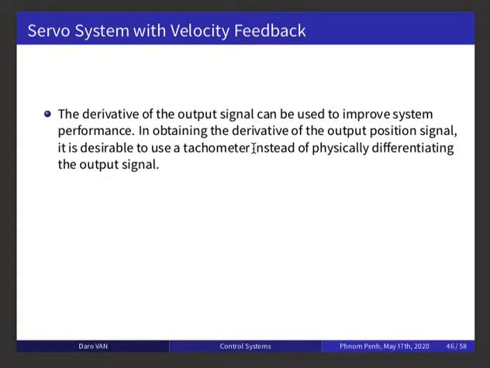This tachometer is a special DC generator, frequently used to measure the velocity without a differentiating process. The output of the tachometer is proportional to the angular velocity of the motor. So it is desirable to use this tachometer instead of physically differentiating the output signal directly.